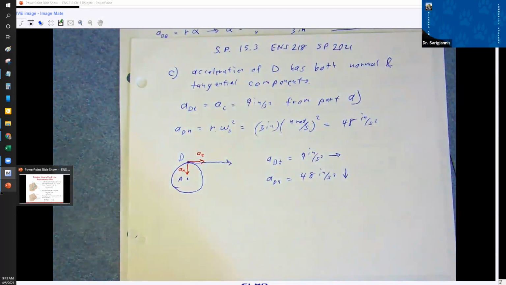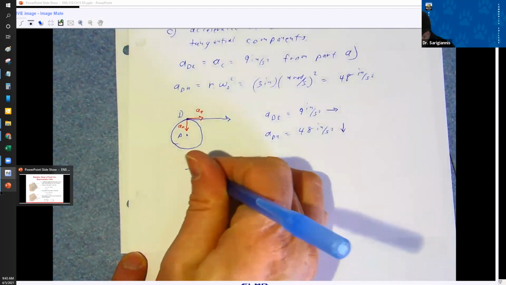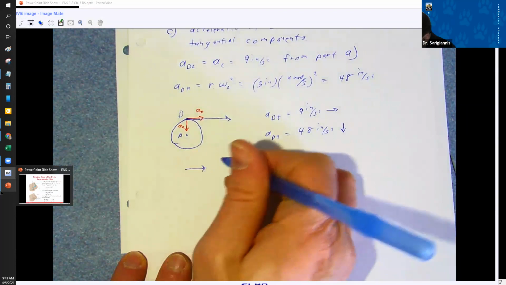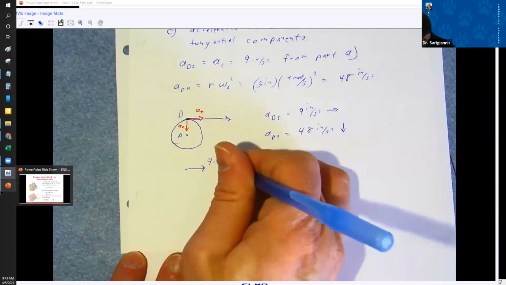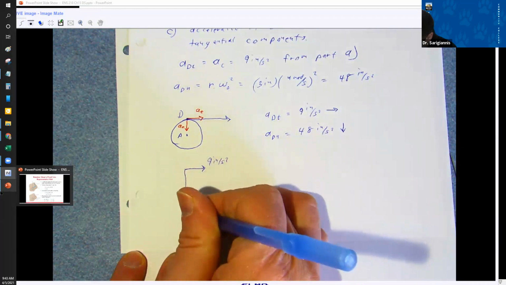So all we're doing here is we can come up with a vector triangle. I'll rewrite this so we can see things. Got 9 inches per second squared. We can use the parallelogram rule too, right?